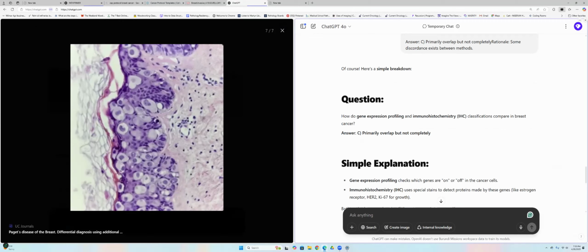But in some cases, they may not be exactly the same. That's how I understand it. Maybe they do that here, HER2 2 plus, that sometimes it becomes a problem. It's IHC.